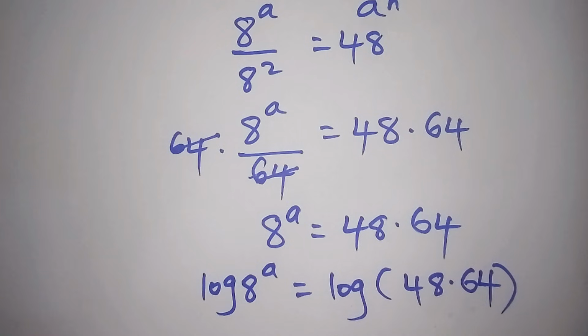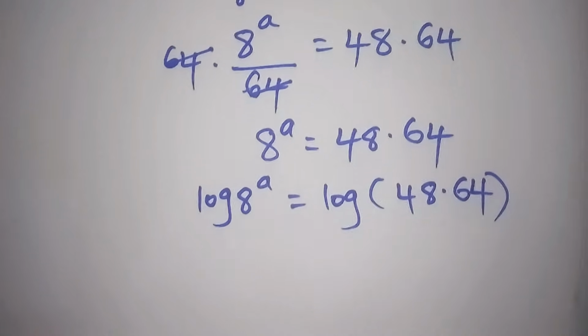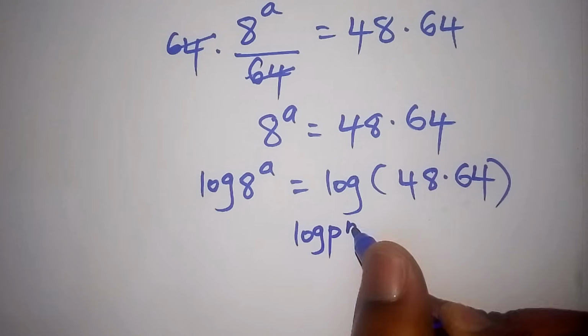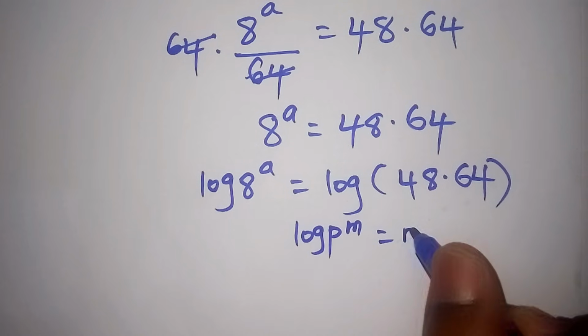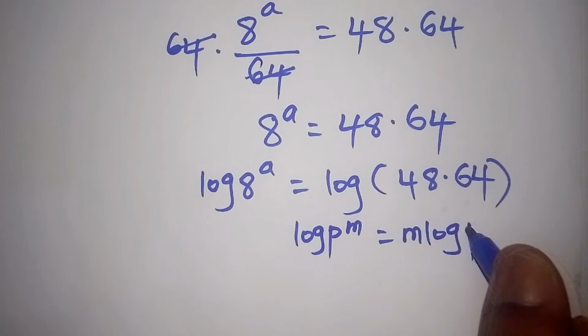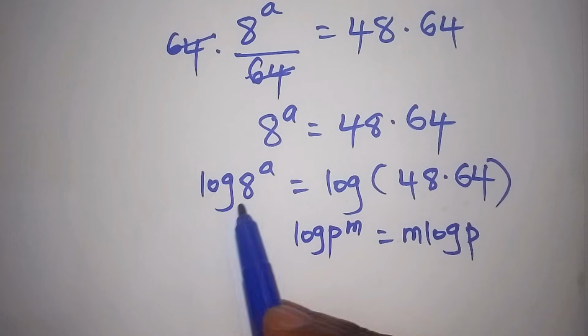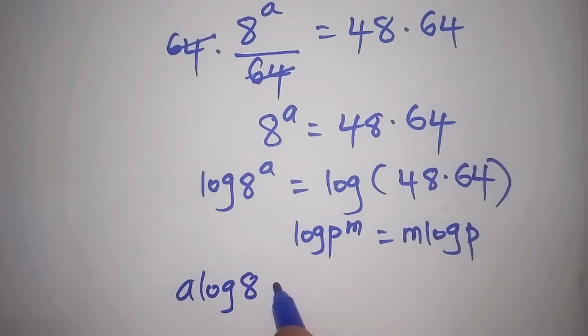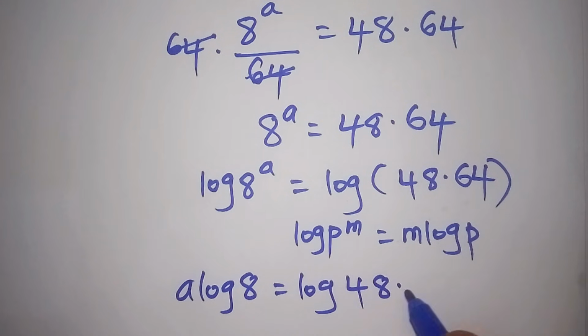Then from there, assuming that we have, for example, the log of p to the power of m, this can be written as m times the log of p. So instead of the log of 8 to the power of a, we shall have a times the log of 8 equals the log of 48 multiplied by 64, all of them in brackets.